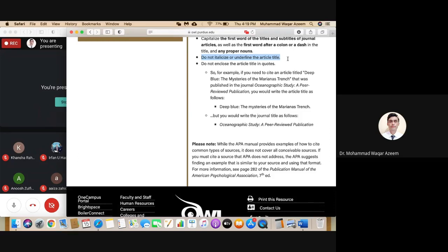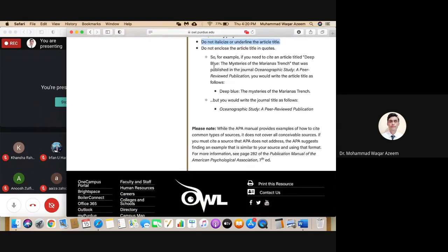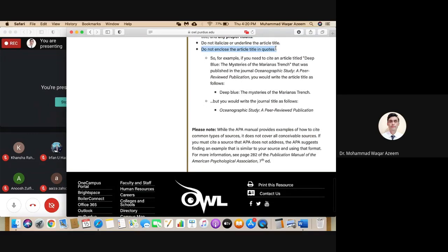So we can easily remember it with reference to the title of a shorter work. The research article is a sort of shorter work because it is a section in a full journal. Therefore, the rule of a shorter work can apply over here as well. Similarly, we do not enclose the article title in quotations.